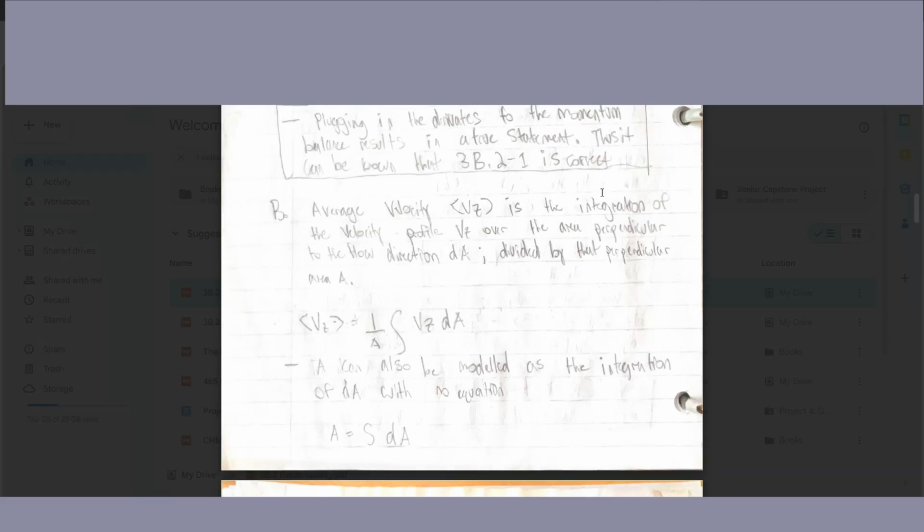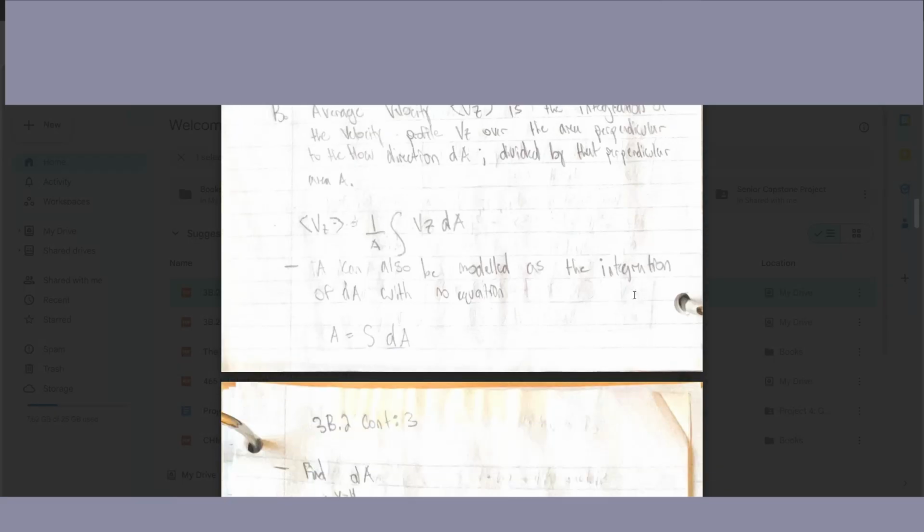And then you divide by that area to get the average velocity. It's kind of hard to explain, but if you get it, you get it, and if you don't, you will eventually.